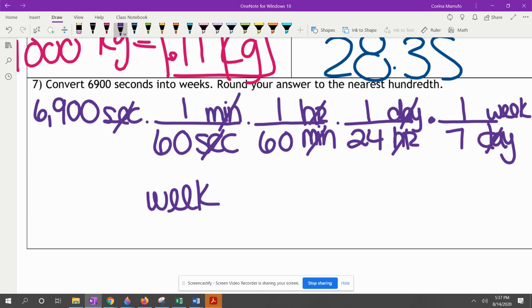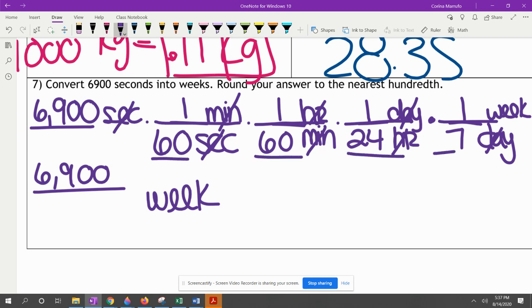On the top, we're going to do 6,900 times 1 times 1 times 1 times 1, and that gives us 6,900. On the bottom, we have to do 60 times 60 times 24 times 7.